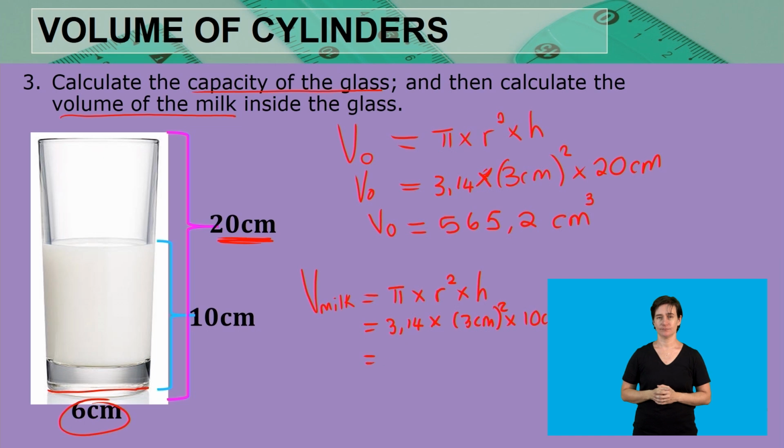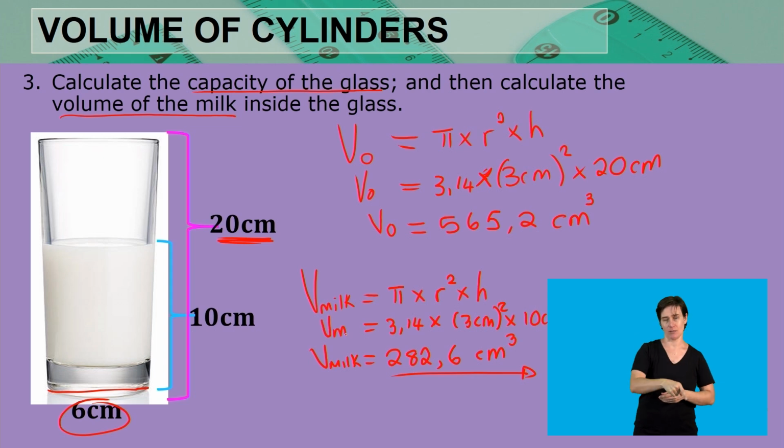So when we take 3,14 multiplied by 3 centimeters squared multiplied by 10 centimeters, that is going to give us an answer of 282,6 centimeters cubed, and that would be the volume of the milk that is inside the glass.